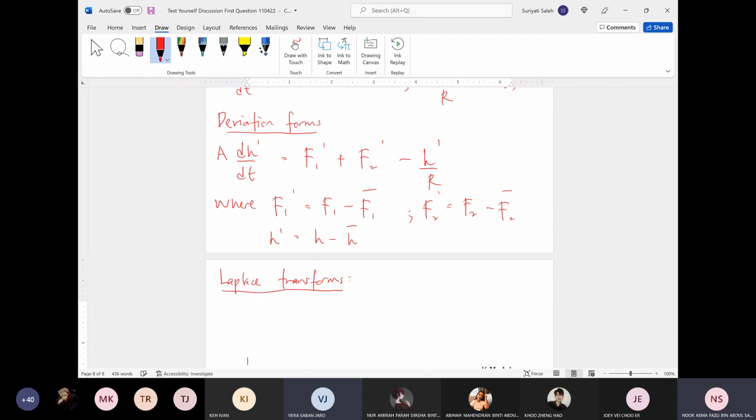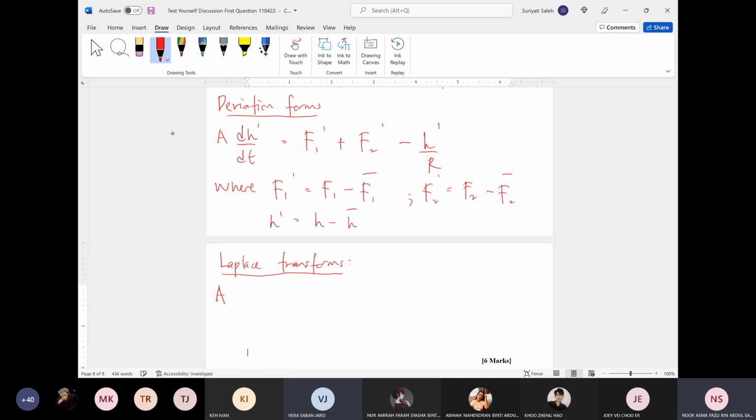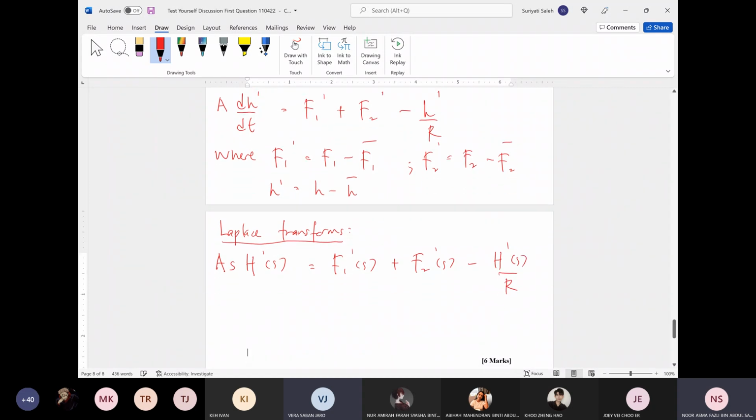So here, based on the Laplace, you will have A s H'(s) equal to F1'(s) plus F2'(s) minus H'(s) over R. Alright. So here we have the H'.